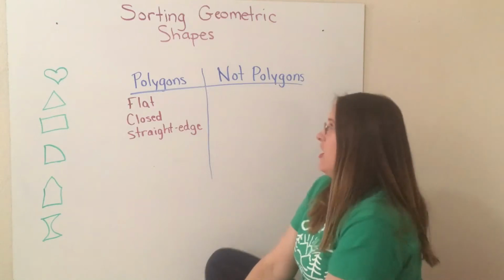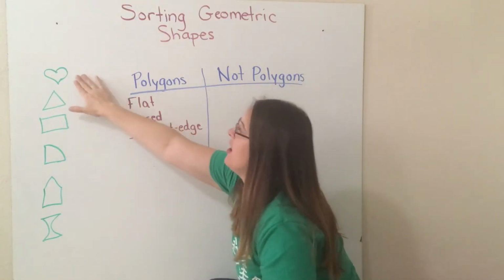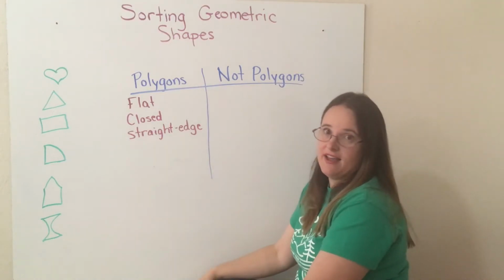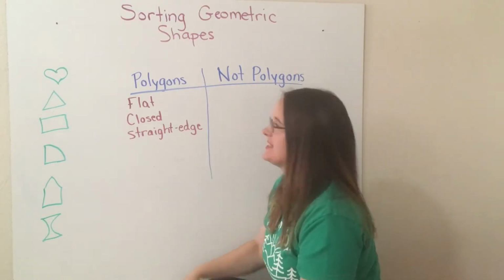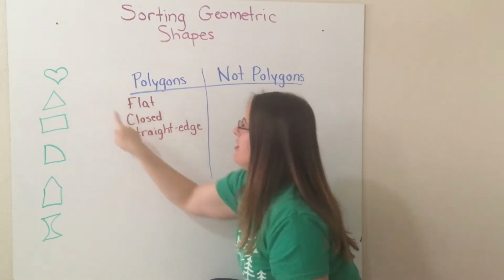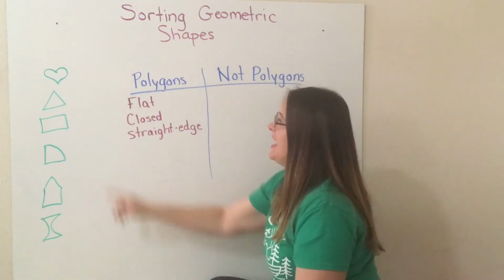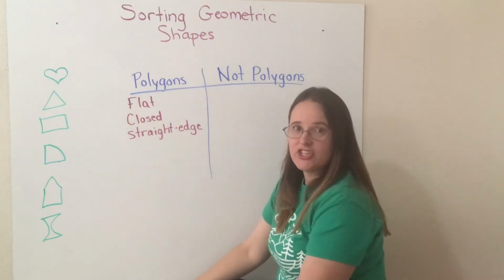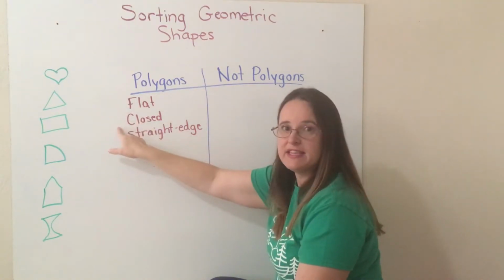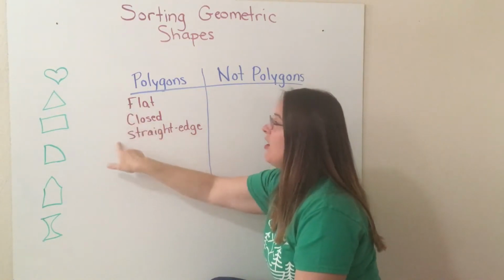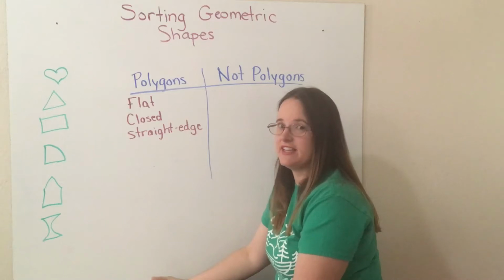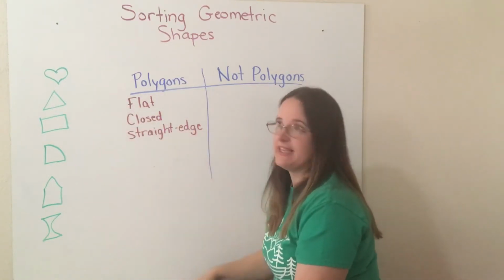So, is a heart a polygon or is it not a polygon? Let's take it one piece at a time. Is the heart flat? Yes. Is the heart closed? Yes. Does the heart have straight edges? No. So we said yes to both of these, but because it doesn't fit all three pieces of the definition, it is not a polygon.